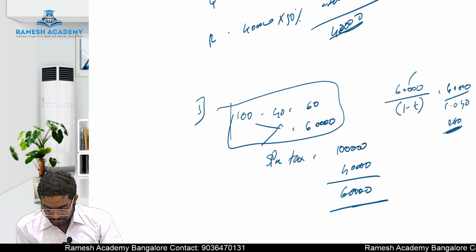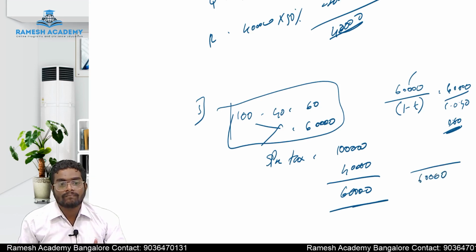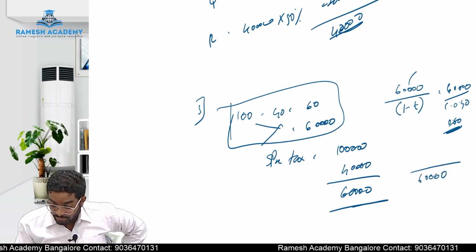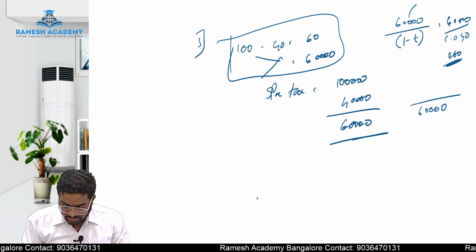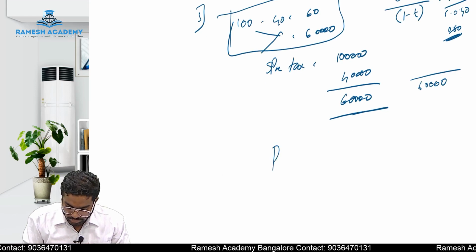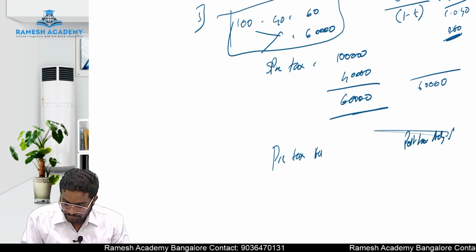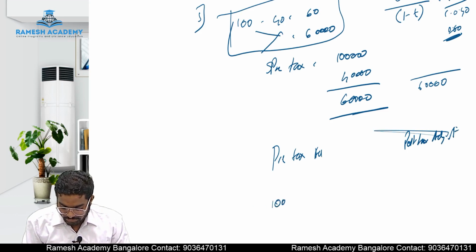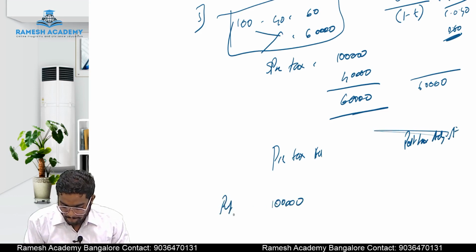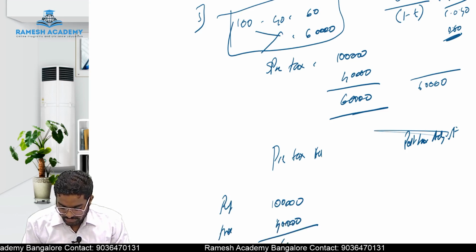Now he is telling that the profit should be the same. Please understand. I'll do two things: pre-tax adjustment and post-tax adjustment. In the pre-tax case, the profit is 1 lakh, tax is 40,000, so my remainder is 60,000.